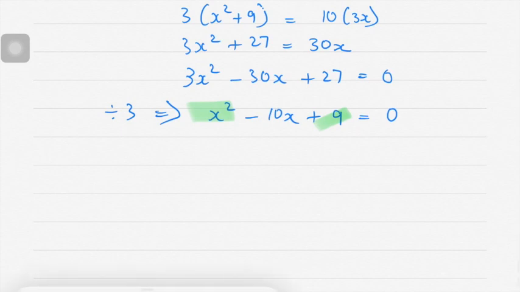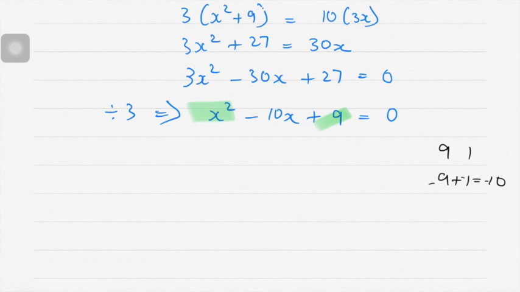Okay, so the two numbers are 9 and 1. 9 into 1 is 9. 9 plus 1 is 10, correct? So here you don't need to calculate the factors; the factors are 9 and 1 only, right? Because 9 into 1 is 9 and 9 plus 1 is 10.